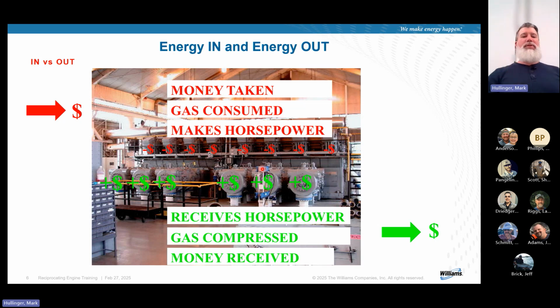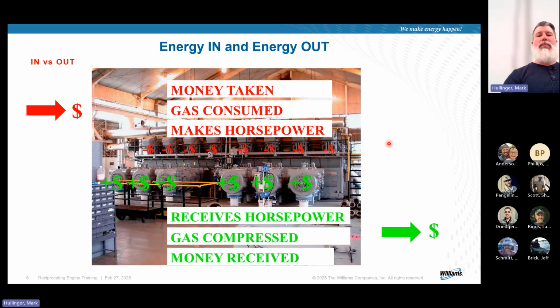There are some efficiency losses from the power cylinder head down to the crankshaft in the form of friction, mechanical hysteresis, and temperature. In general, from the power cylinder top down to the crankshaft, it's probably about 85% efficient, which means 15% of your energy is lost.